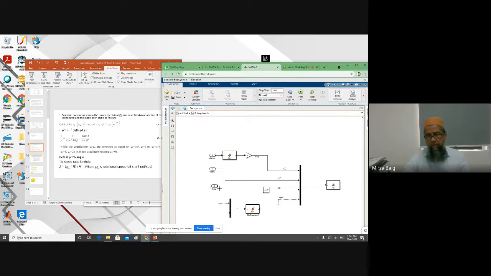That will be here. All right. And then we have 1 over lambda. For 1 over lambda we'll have another function.